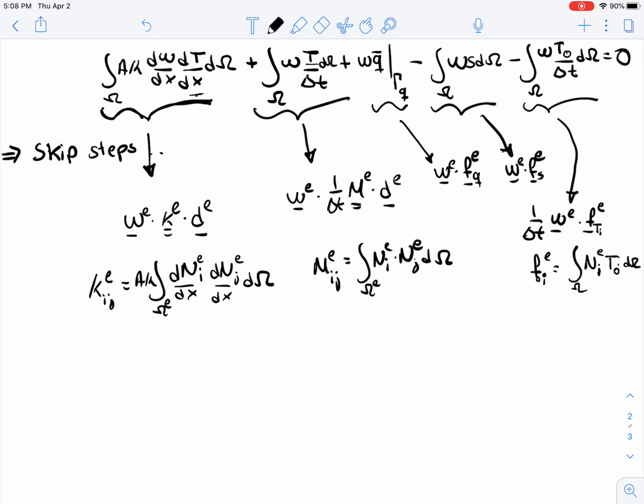The i should be the index of the shape function. So these are new. Actually, this is the same as before. But the new ones are going to be this one and this one.